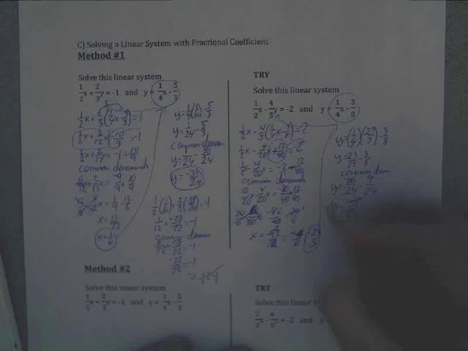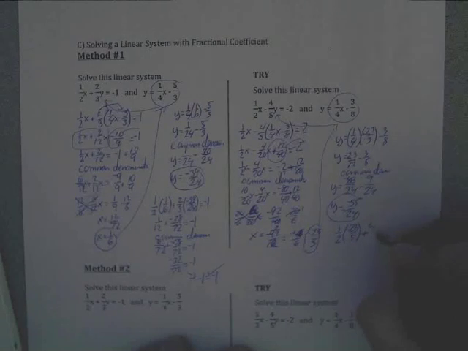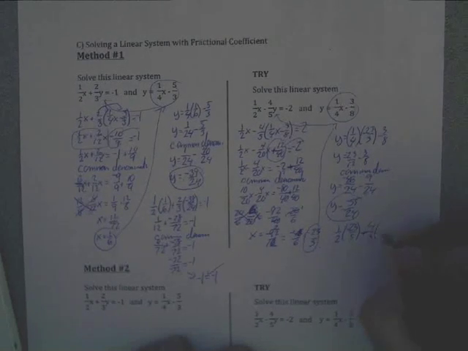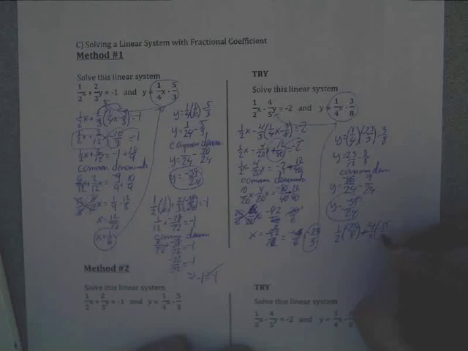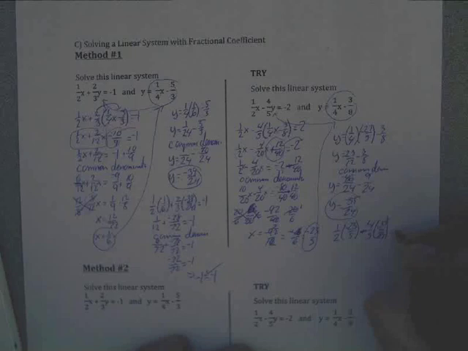Take these two, throw them into the other equation, so I get 1/2 times negative 23 over 3, minus 4 over 5 times negative 55 over 24, is equal to negative 2.